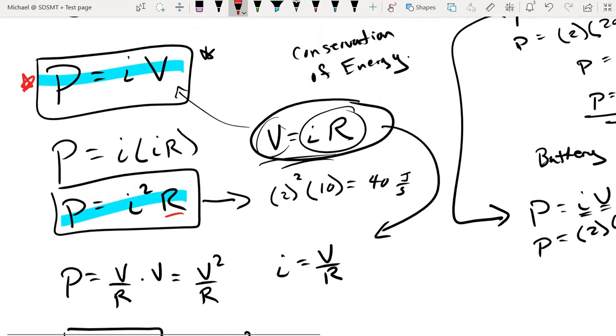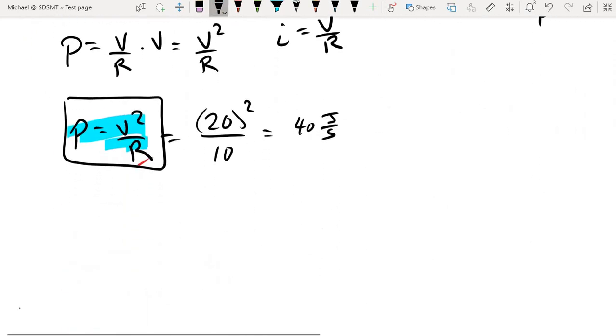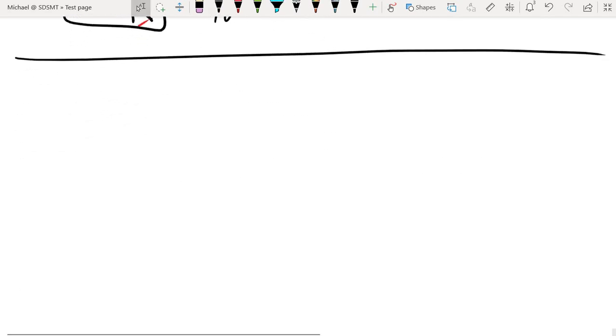But that top equation, this can be used for batteries or resistors. Okay, so that's the power discussion that I wanted to have.